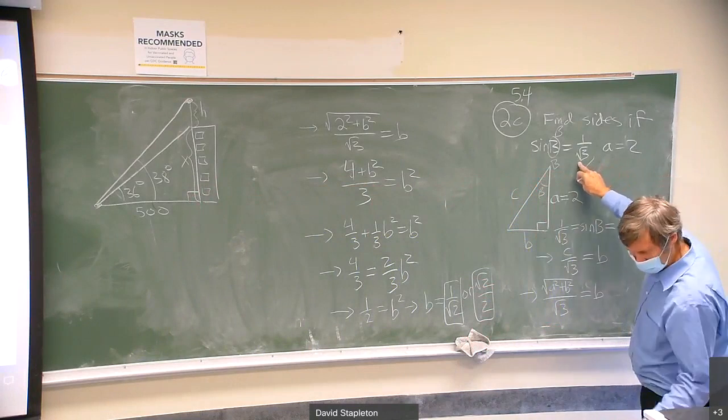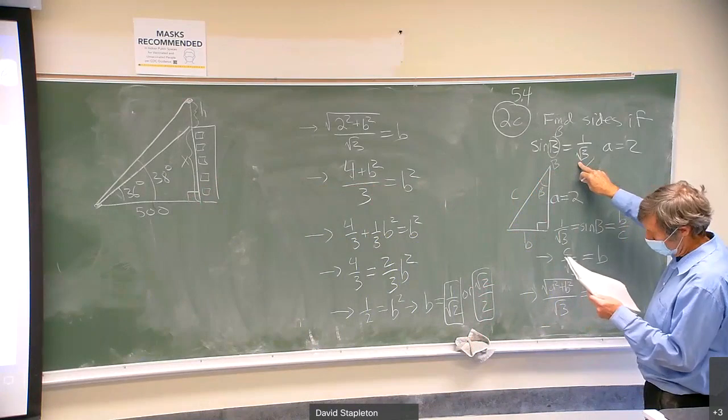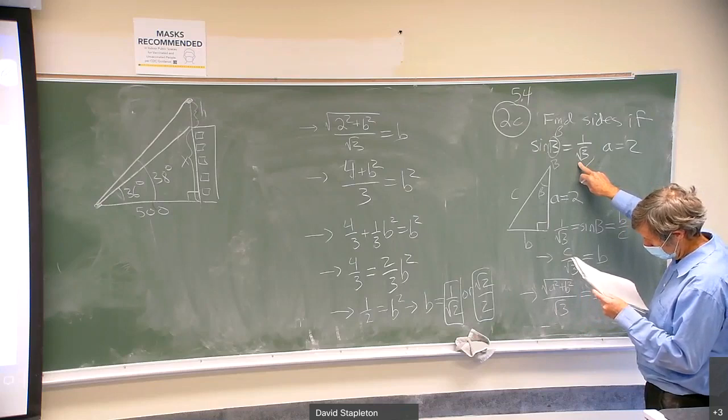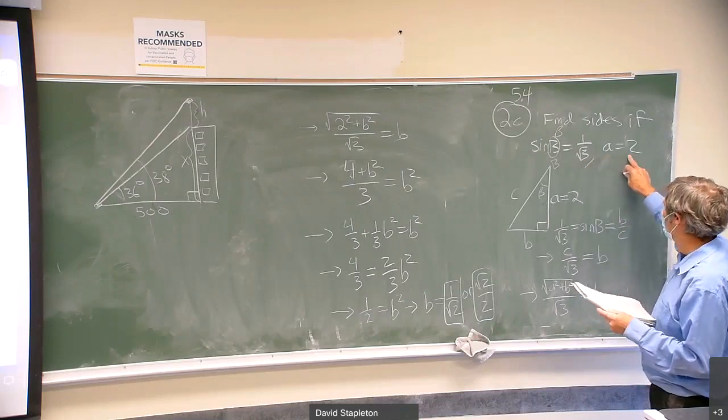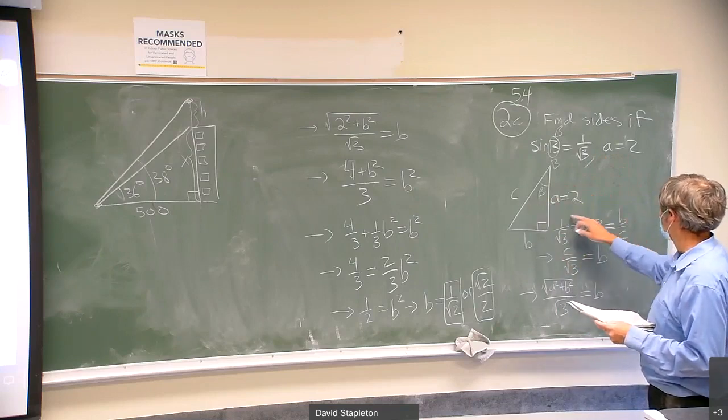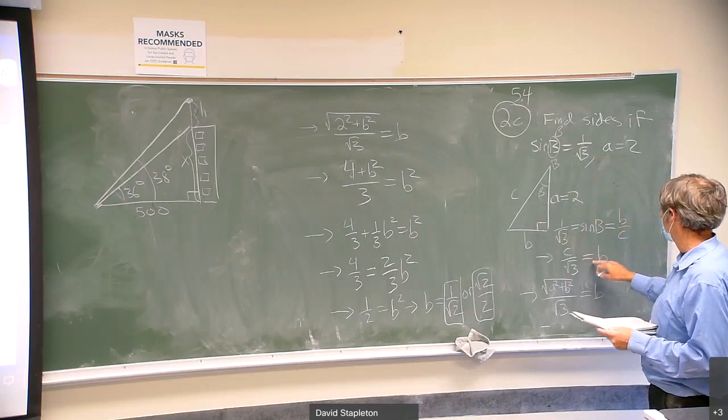So I wrote this down. Sine B is 1/√3, and A is 2. So sine B is B over C, 1/√3, that's correct.